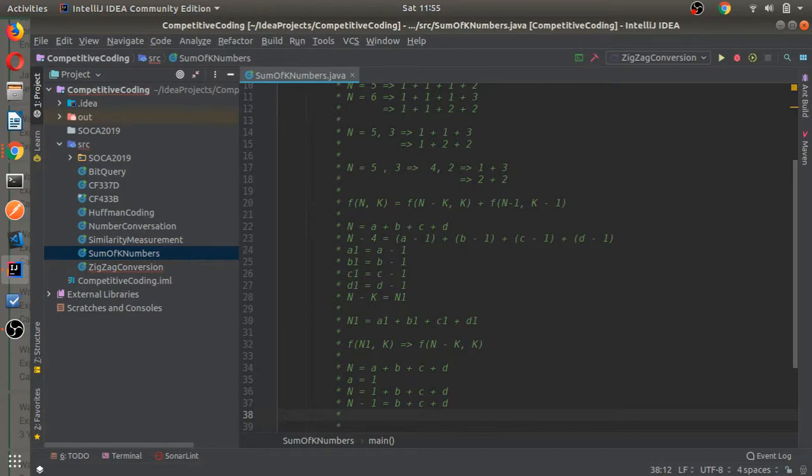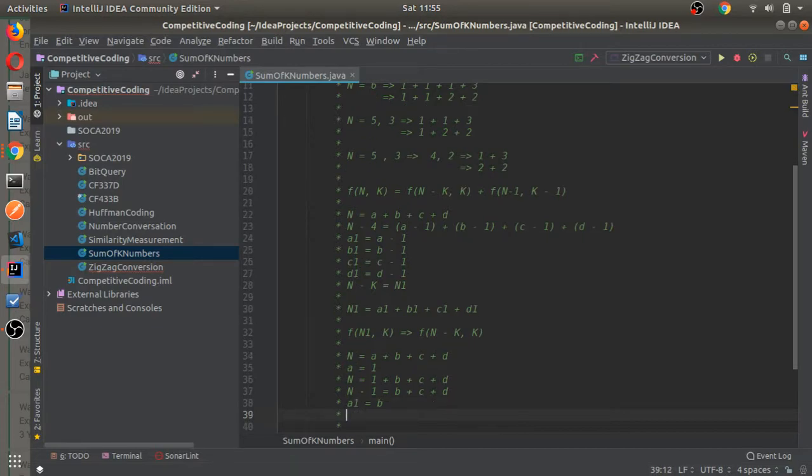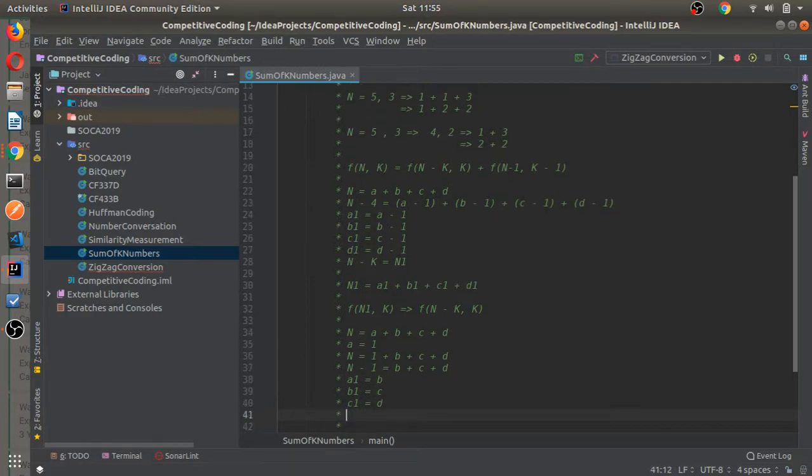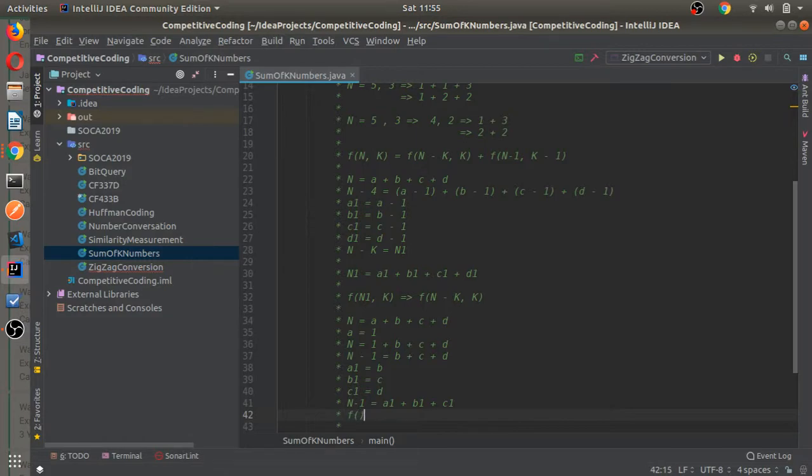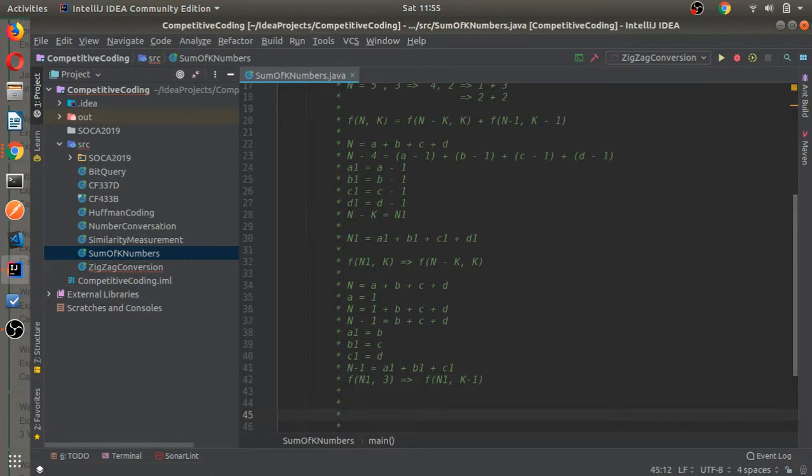Now if we represent a1 is equal to b, b1 is equal to c, c1 is equal to d, then n minus 1 is equal to a1 plus b1 plus c1. It essentially means f of n1 comma 3, which in the general form will look like f of n1 comma k minus 1. So yeah, it does make sense to have the recursion form like this.